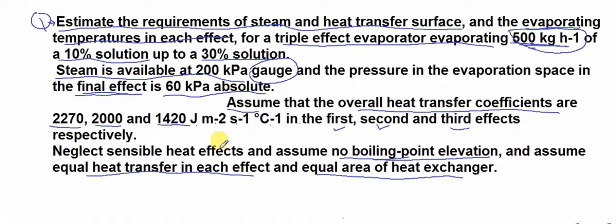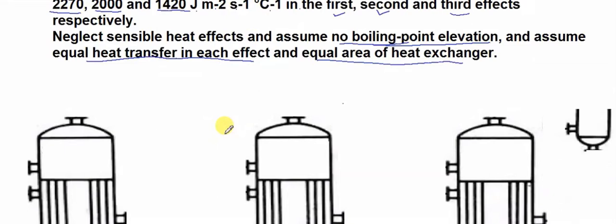So first we go for the flow diagram of this triple effect evaporator, and whatever data is given in this problem, we'll put that data in that flow diagram. Okay, so please concentrate here.